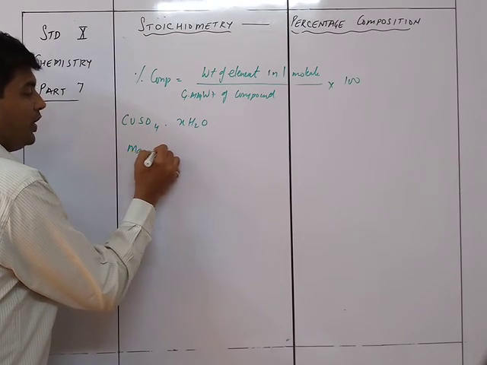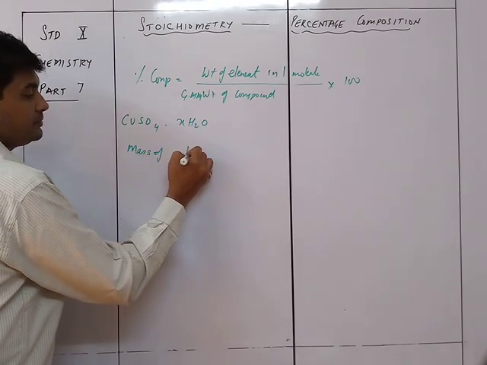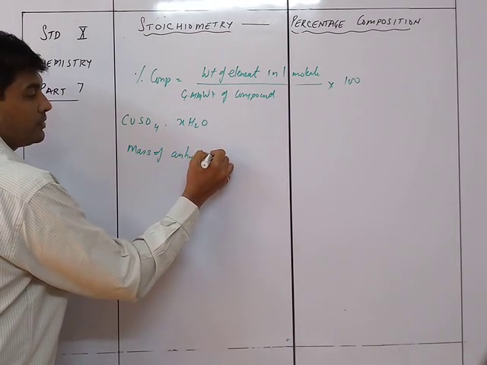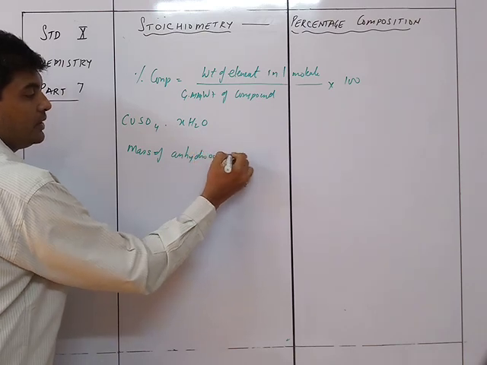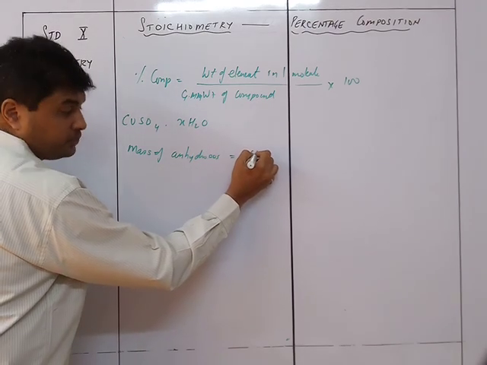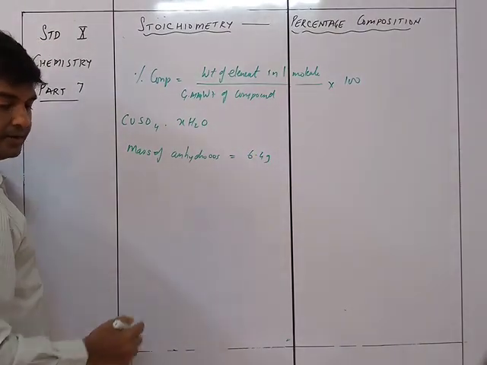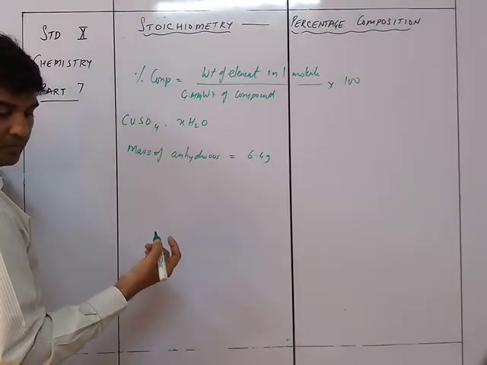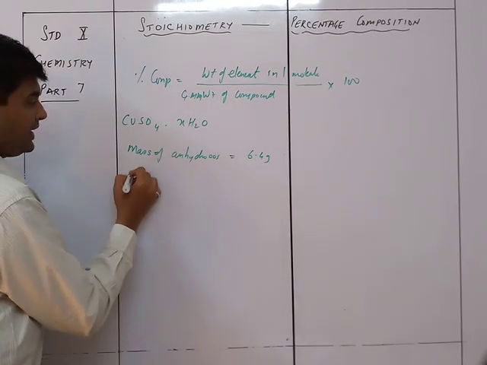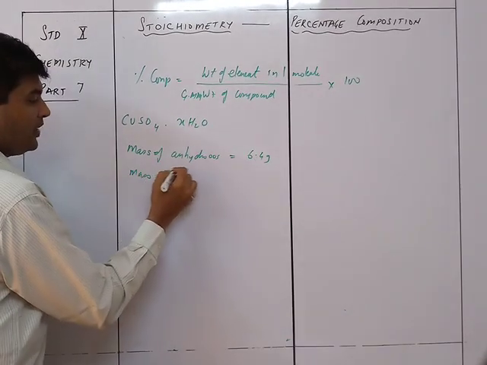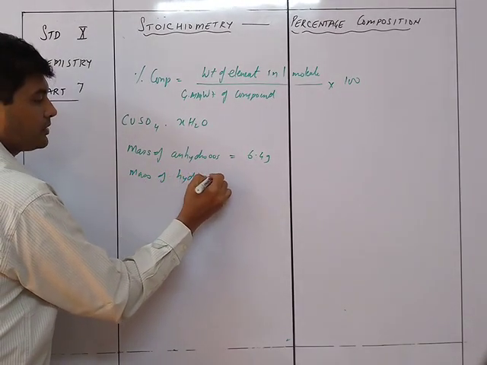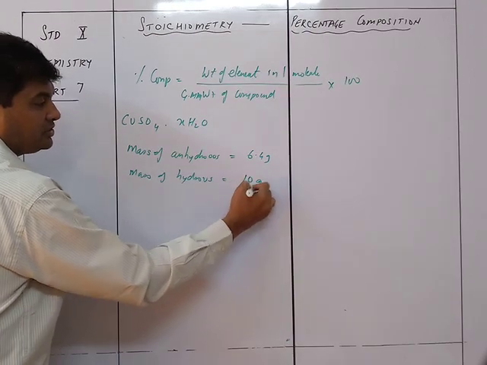Mass of anhydrous is equal to 6.4 grams, whereas the mass of hydrous is equal to 10 grams.